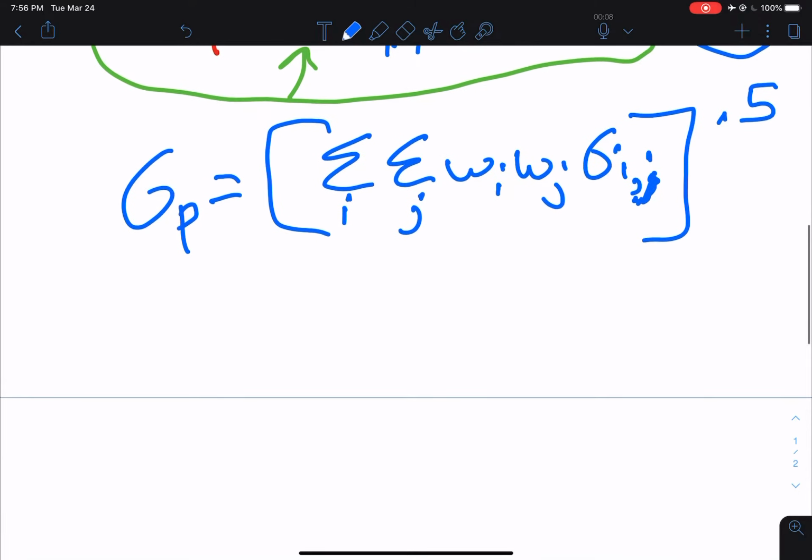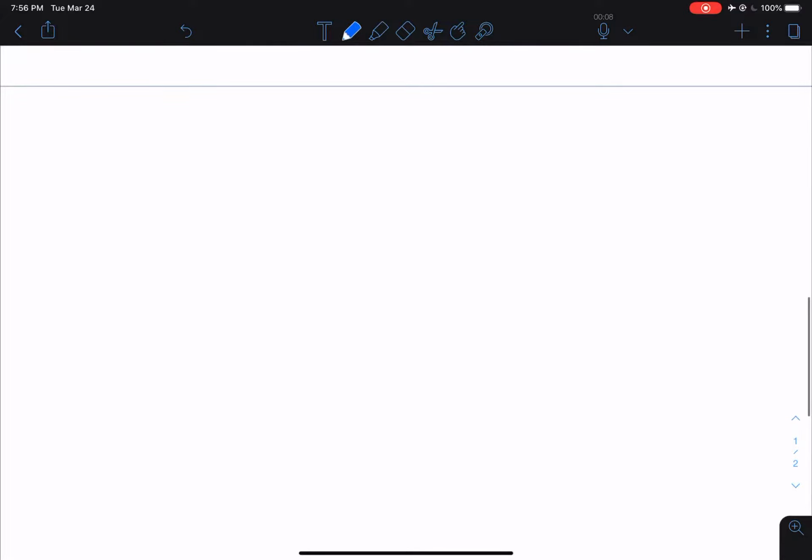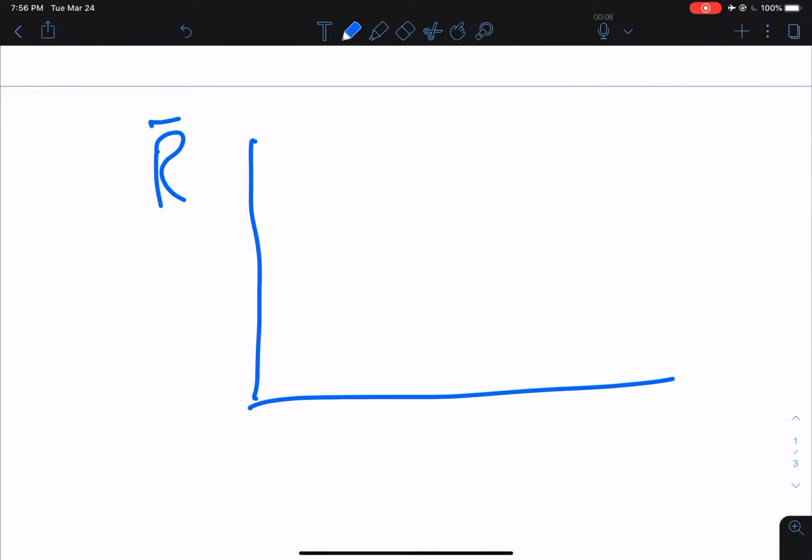So now another two-space. I just put R bar for expected return, and the same thing, standard deviation of return.